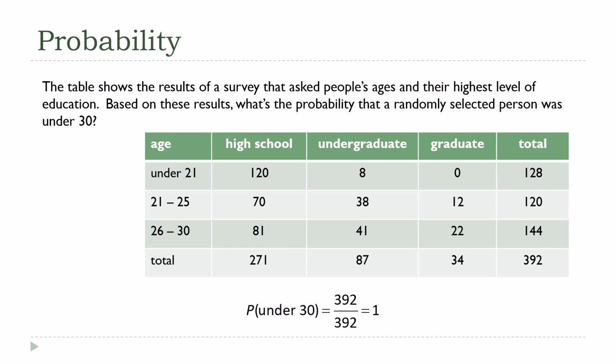That's 392. 392 divided by 392 is 1. All right, so again, let's generalize this. People under 30 represents the entire sample space. So what we're seeing here is that the probability of the sample space itself is going to equal 1.